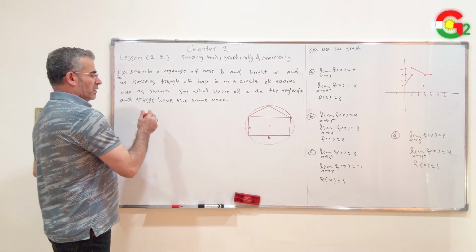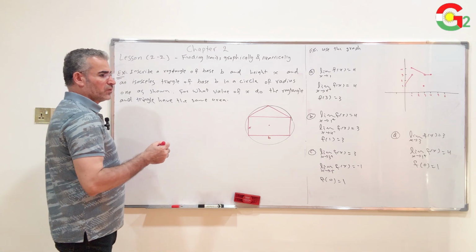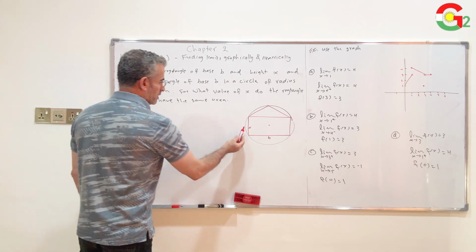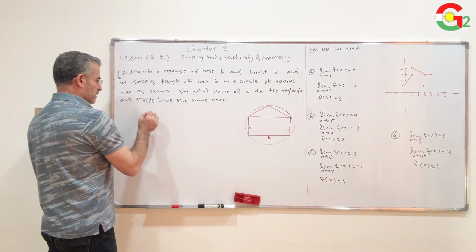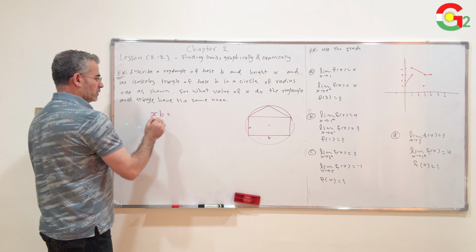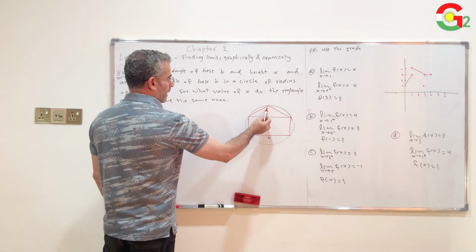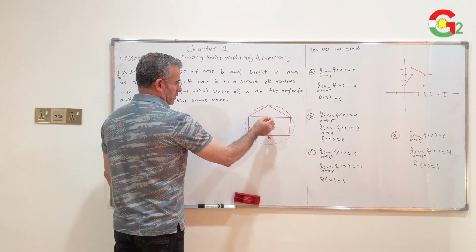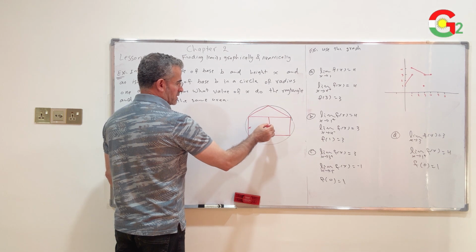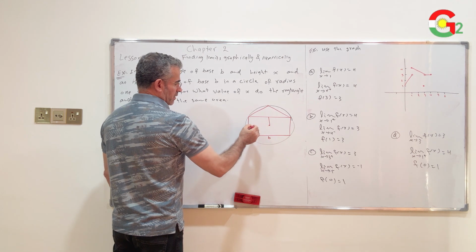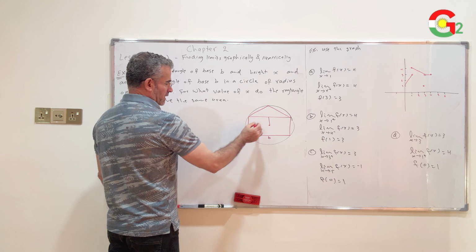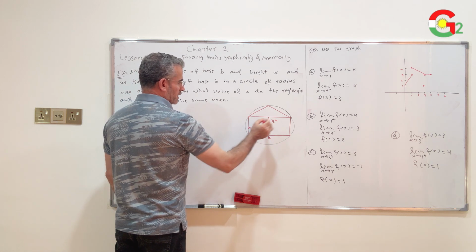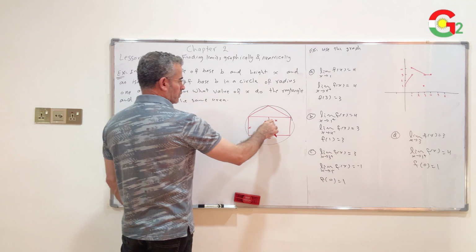Set the area of the rectangle equal to the area of the triangle. Area of the rectangle is length times width. It is x times b equal to the area of the triangle. This distance is half of x, it is 1/2 x, or x over 2.